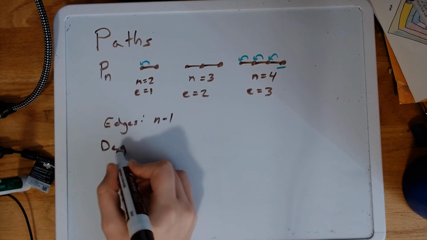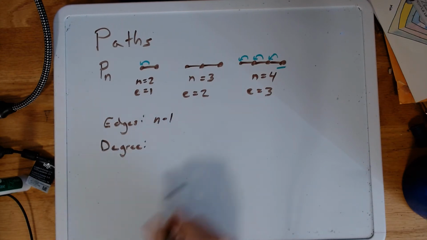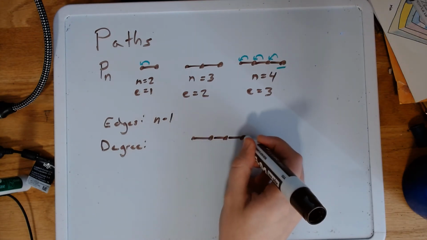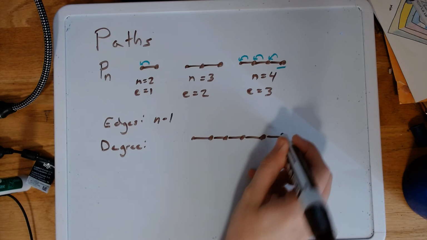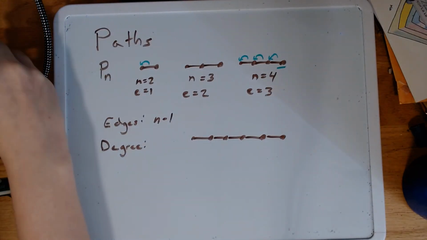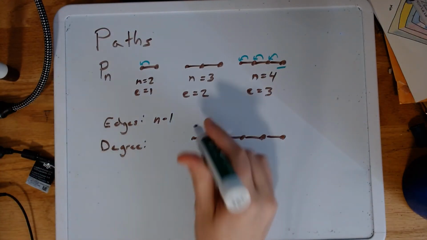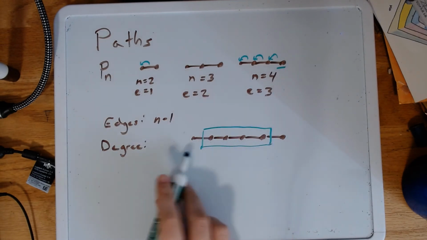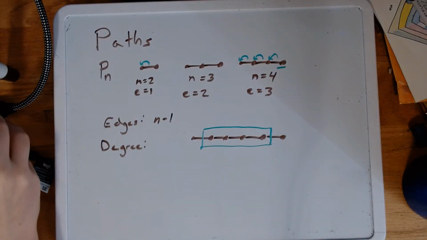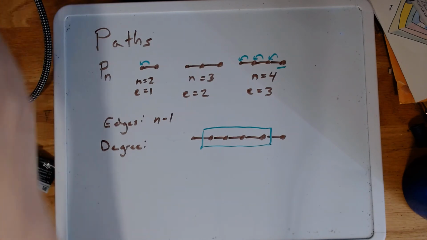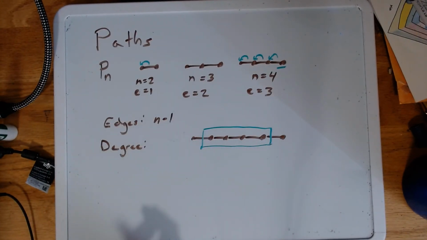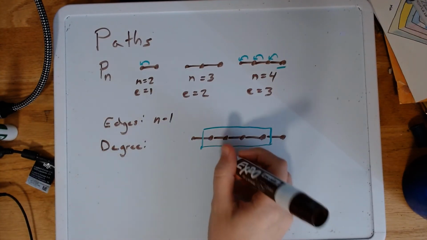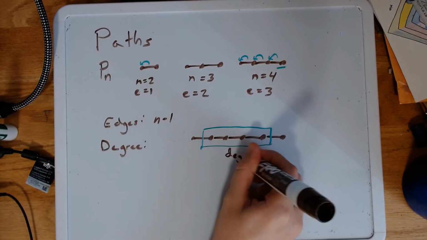So now let's look at degree. I'm going to draw a longer path for this one. Let's look at a P6. We have two distinct things going on: internal vertices, and then the vertices on the ends. For all the internal ones, if you think about walking along the path, we have an edge coming in and then an edge going out, and so these all have degree 2.